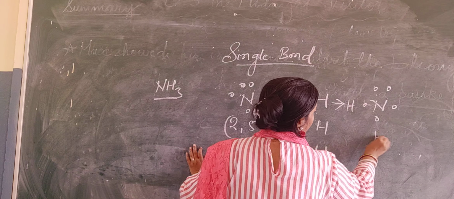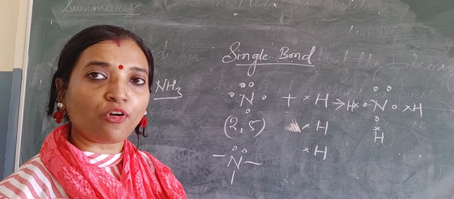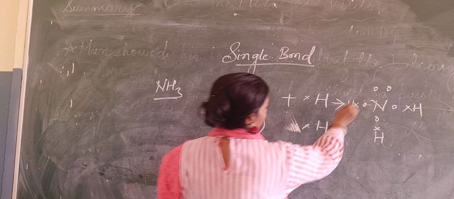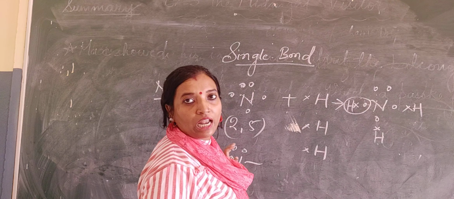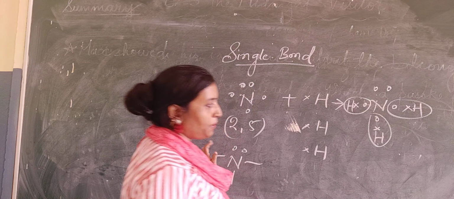Okay. Hydrogen is capable of taking how many electrons? 2 electrons. It will not form octet. It will always form duplet. So see, like this you will overlap. Like this. Like this.